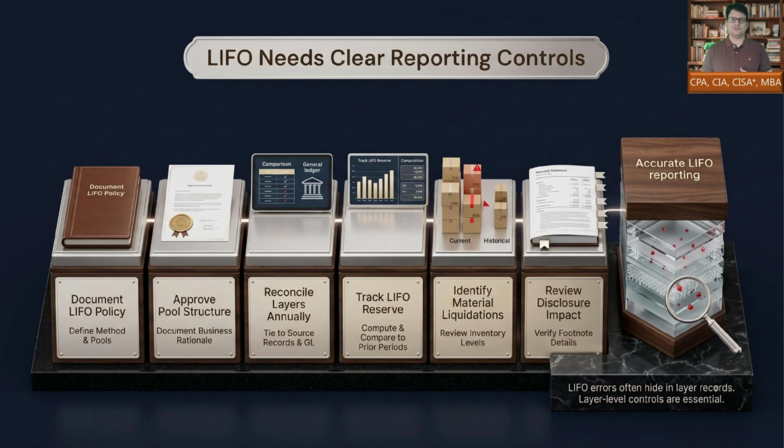The LIFO reserve should be computed, documented, and compared to prior periods. The company should identify material liquidations before the financial statements are finalized, and disclosures should reflect the method, reserve balance, and material liquidation effects. LIFO without controls is not an accounting method, it is a suspense novel.